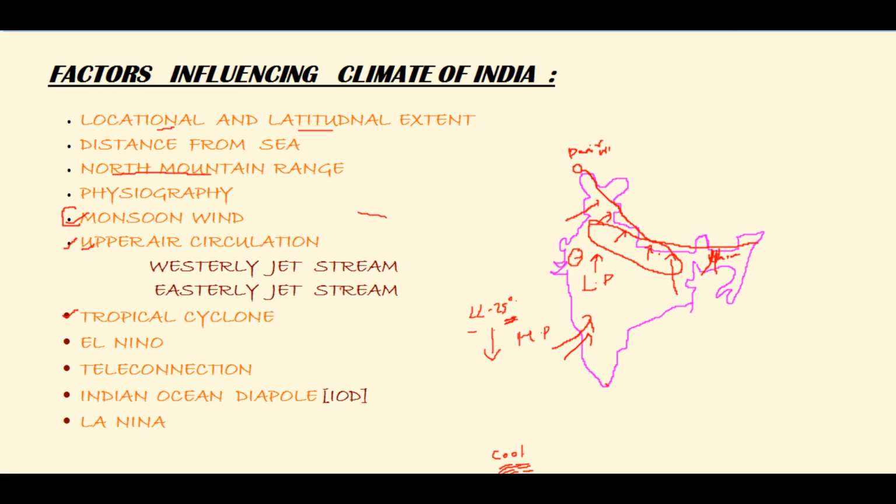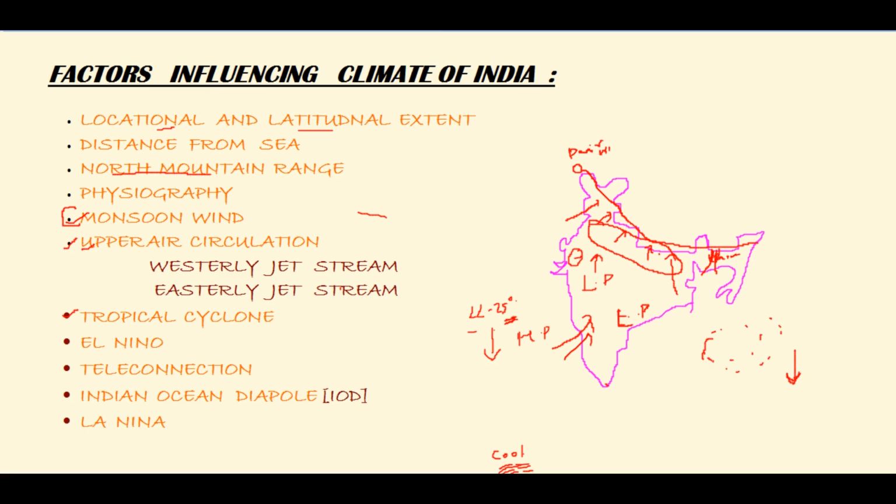So what happens is that this area remains low pressure, and the sun is going towards the 0 degree, and here is the water surface.